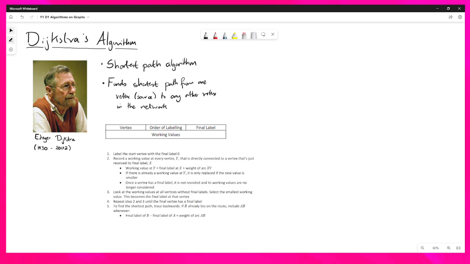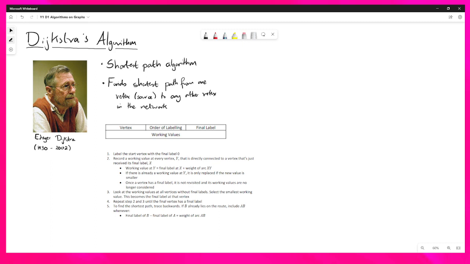So here is a description of the algorithm, again, as the way we are going to approach it for the Edexcel specification. So you will label the starting vertex, that source node, with a 0 for the final label. The final label is the distance from the starting vertex to the vertex you're talking about.